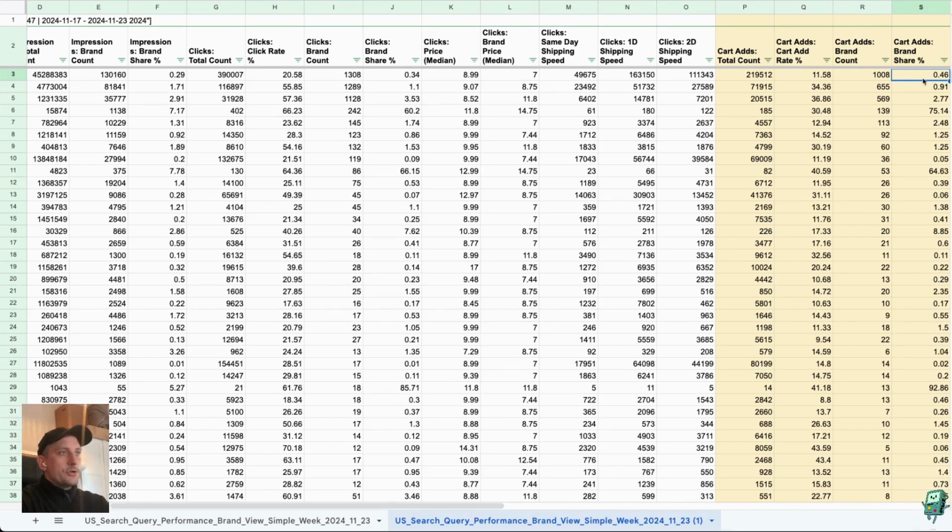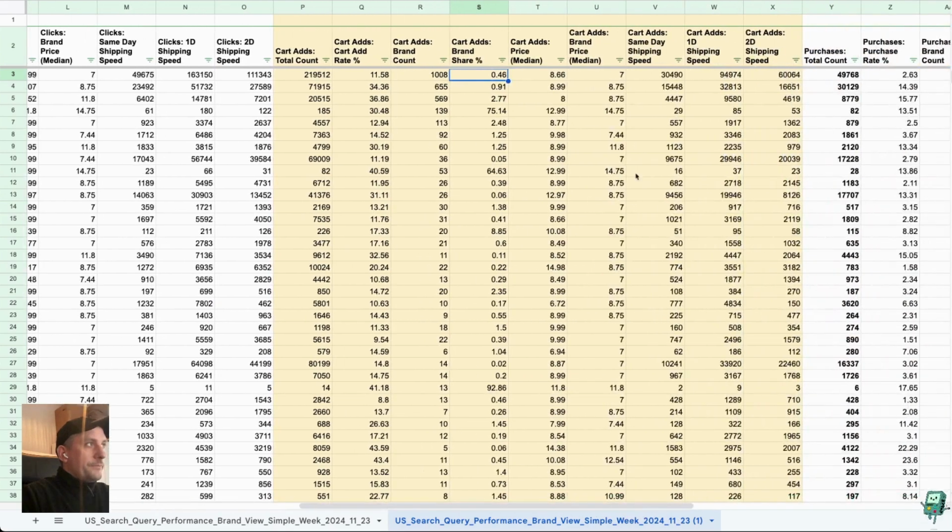I'm not getting as many impressions as maybe the market in total from a share perspective, but I'm getting many more add to carts. That gives you an insight into, hey, I'm relevant. I'm highly relevant on this search term for this week with my product. And some of this can be derived in this specific case from the price. I'm having the best price on this specific term. I'm 20% cheaper than the market, meaning there should be some leverage coming from that.